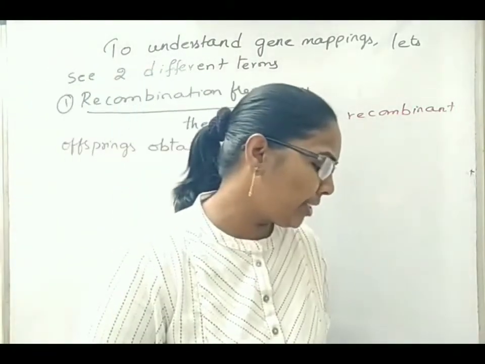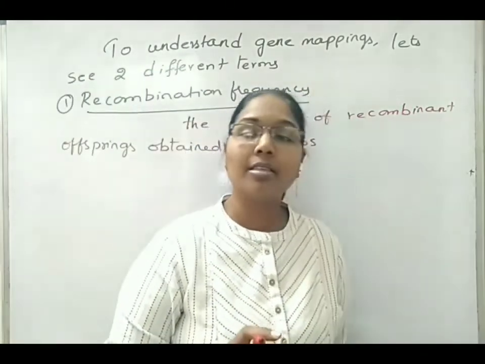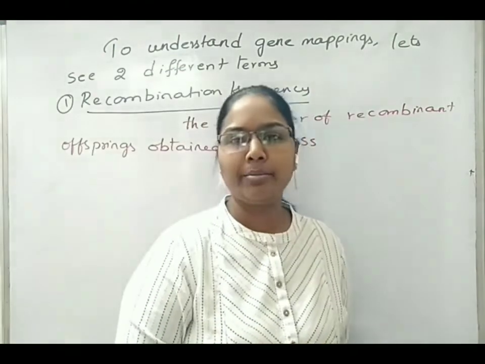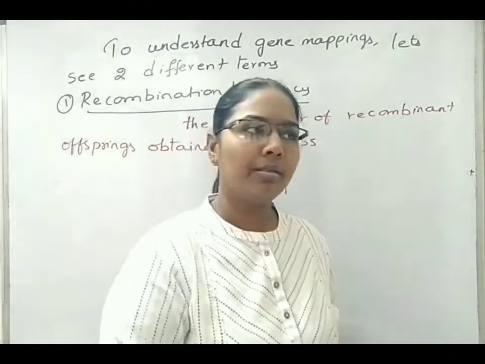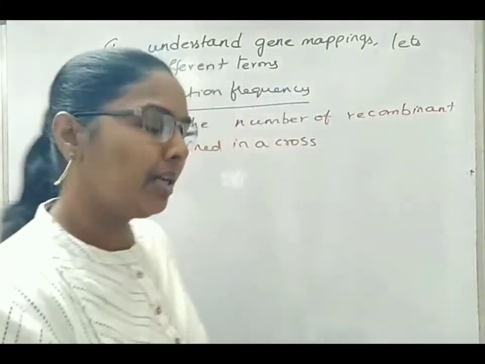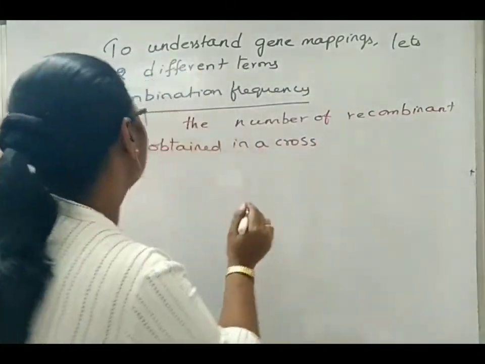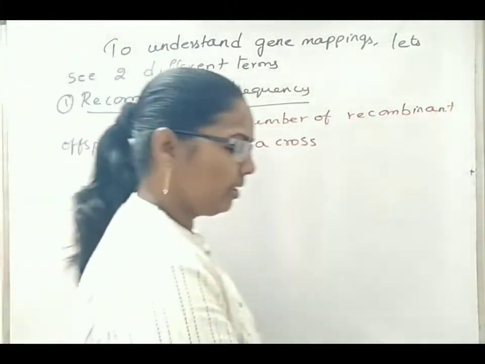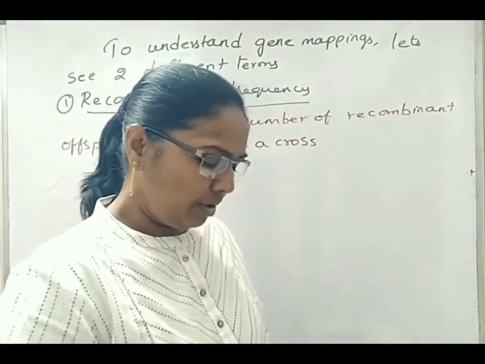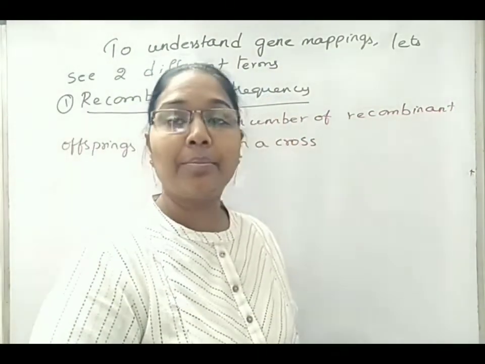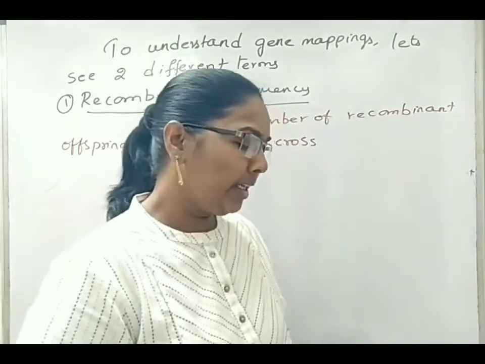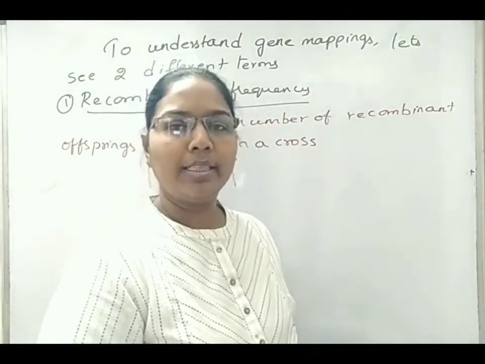In case of recombination frequency, the crossing over results in formation of many number of variants. That number we are including under the term recombination frequency. Next, we know how the recombination happens. Recombination happens by breaking up of DNA and recombining with new DNA fragments.